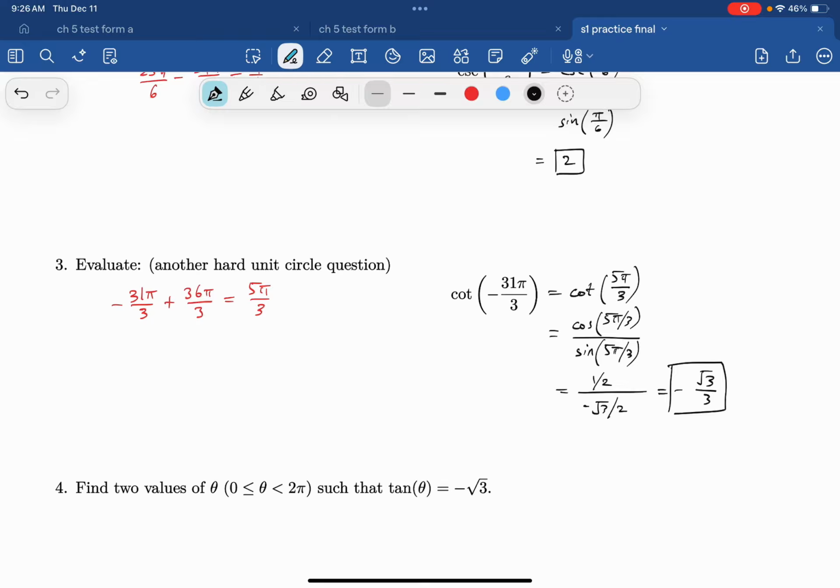If you don't rationalize, you'll lose points. Rationalize.